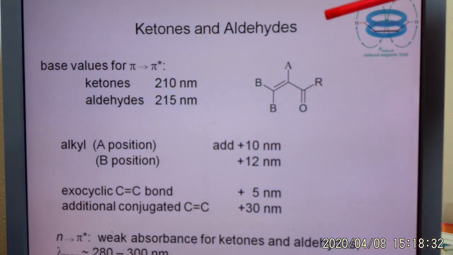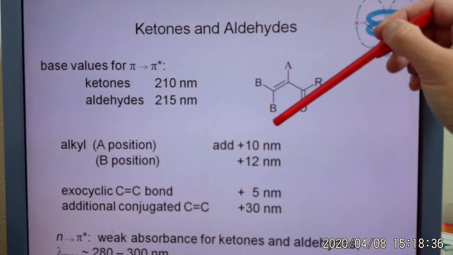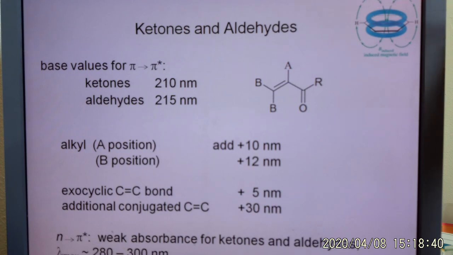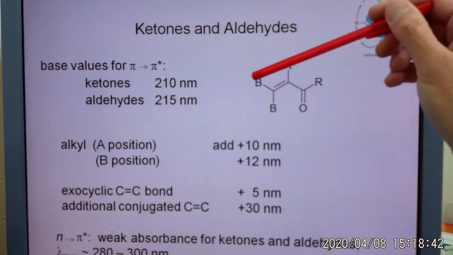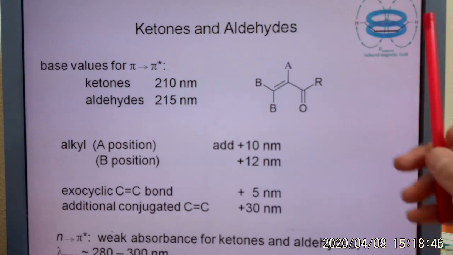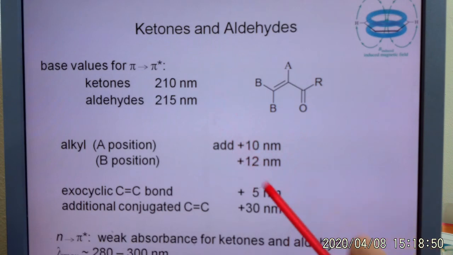You can have an alkyl group at the alpha position, or you can have them at the beta position. This one, you add 10 nanometers to your wavelength. This one, you add 12 nanometers. Again, if this is exocyclic, 5. If I conjugate it further, 30 nanometers.